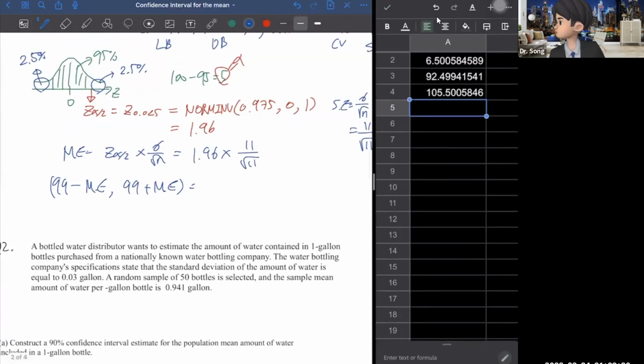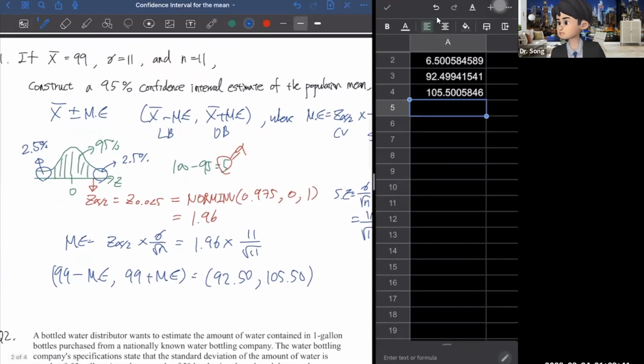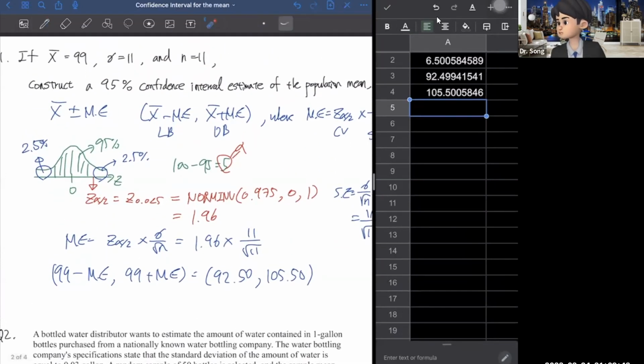So up to 2 decimal places, I got 92.50, that's the lower bound, and the upper bound is 105.50. Then how do you interpret this 95% confidence interval? Well, we are 95% confident that the true population mean, mu, is located between 92.5 and 105.5, okay?